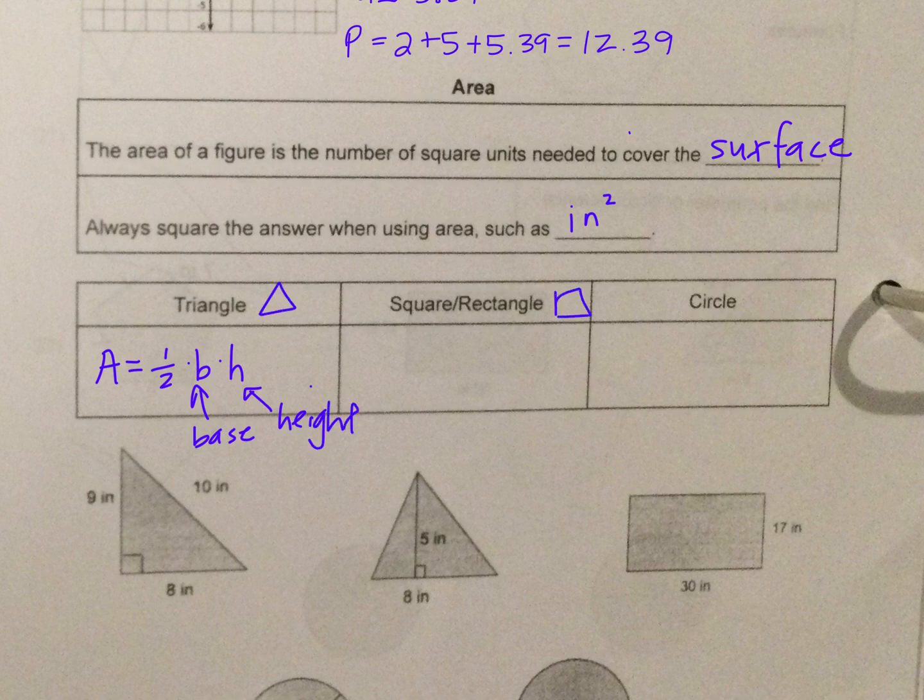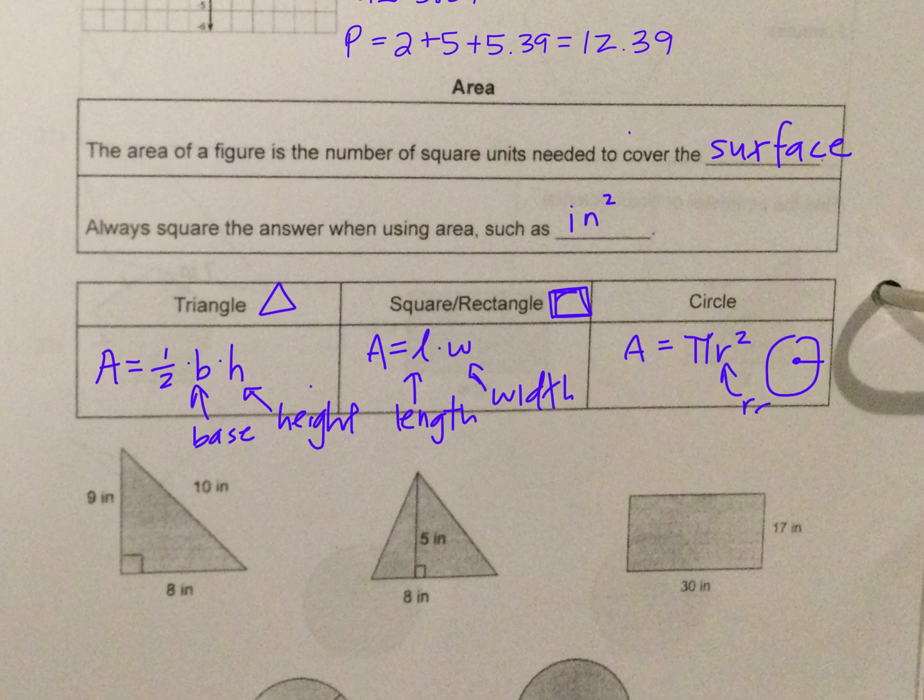If you're dealing with a square or a rectangle, you will do A equals L times W, and those stand for length and width. And our last one is A equals pi r squared. And remember that r is the radius, which is half of a circle. So now let's use our formulas to find the area of these shapes.